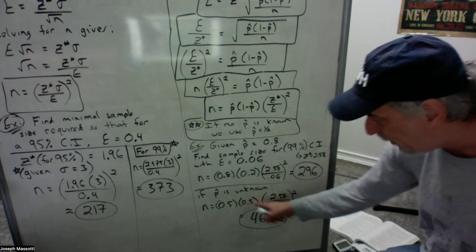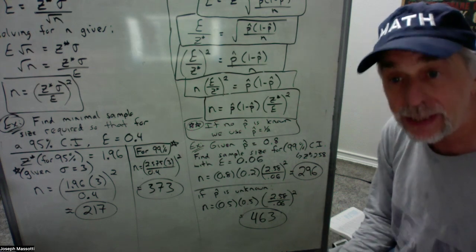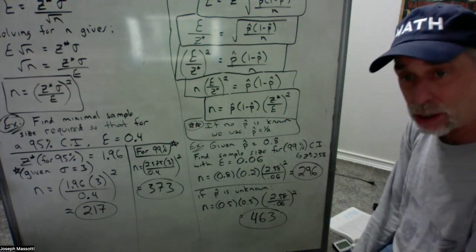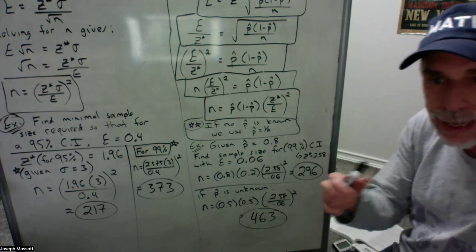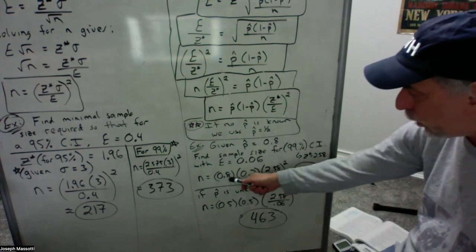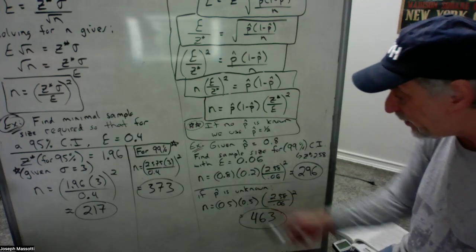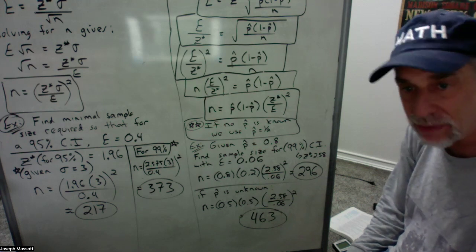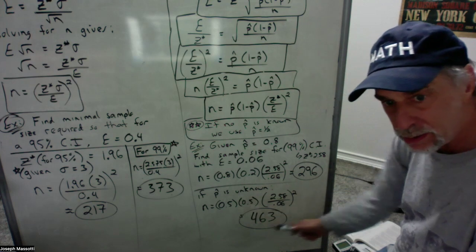Because 0.5 times 0.5 is the largest number we can get when we multiply a number less than 1 by 1 minus that number. So notice 0.8 times 0.2 gives us 0.16. 0.5 times 0.5 gives us 0.25, a much larger value. And that's going to lead to a larger sample size, right?